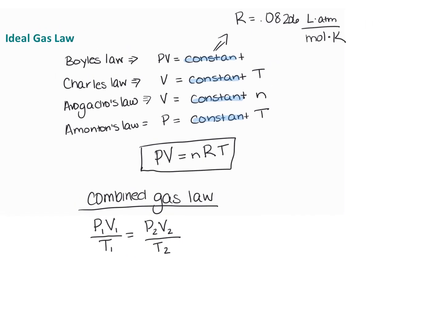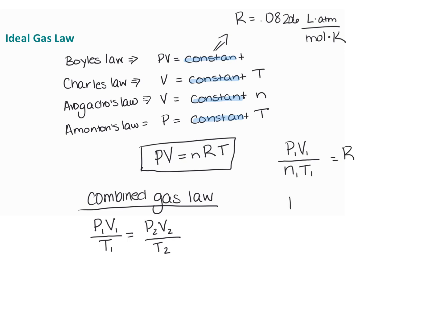You can also see that you can set the ideal gas law up like that. And so let's look at that. You have pressure at one set of conditions and volume at one set, and then we can divide by the number of moles at one set and temperature at one set, and that equals R, which is a constant.